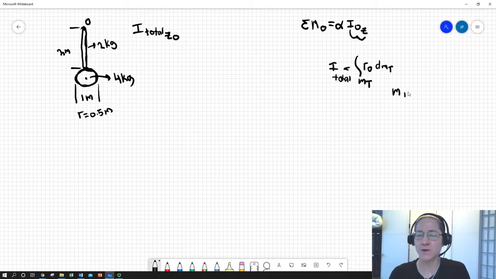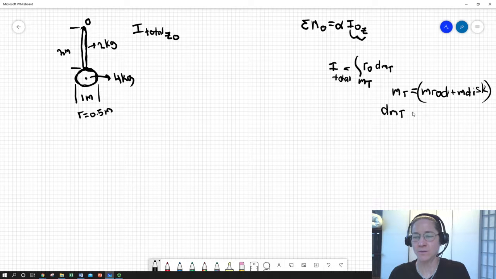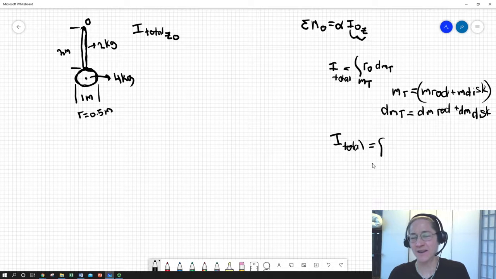But if m total is m rod plus m disk, then dm total equals dm rod plus dm disk. So we know that we could break our I total integral up into integrating over just the mass of the rod, distance from O to some point, dm rod.